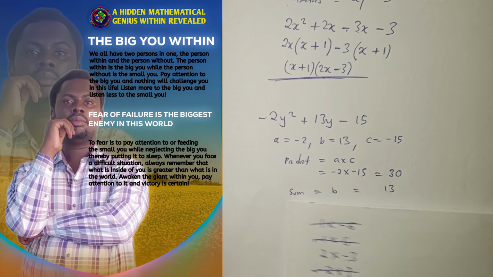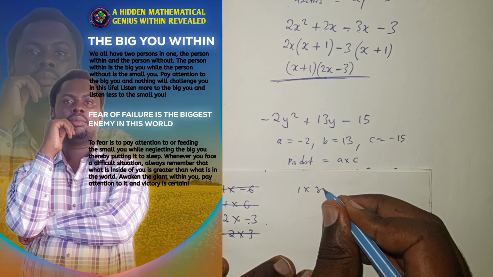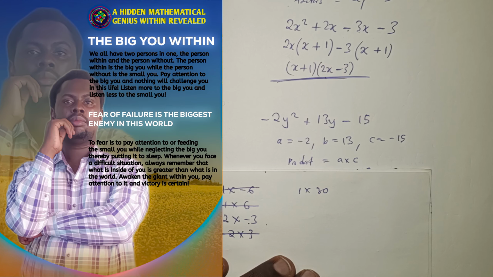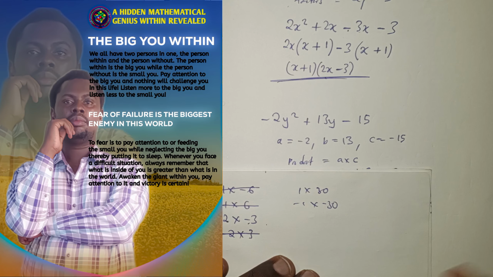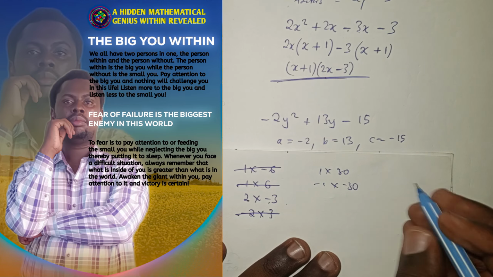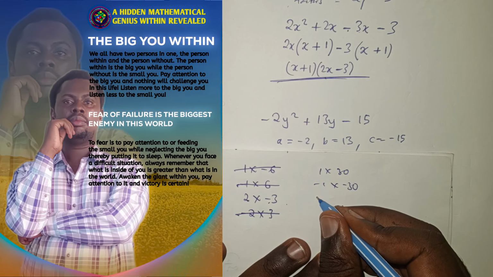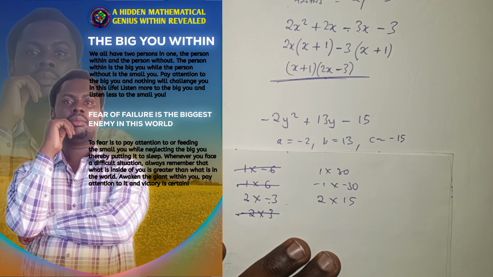Okay. So again, let's check the two numbers we can multiply to get 30. Okay, 1 times 30 is 30. So we are talking about a positive 30. So we can even have the negatives. So negative 1 times negative 30, you still get 30. You can have 2 times 15.